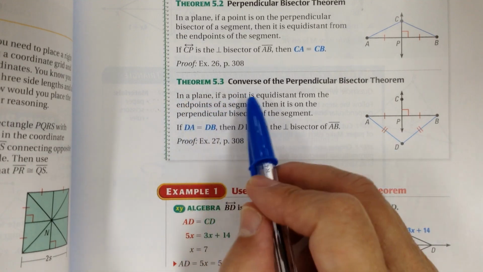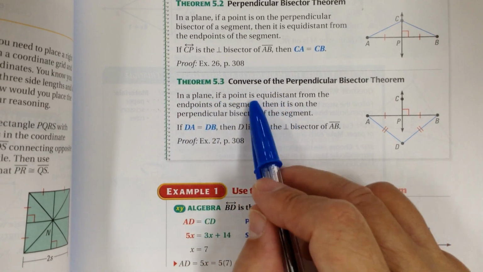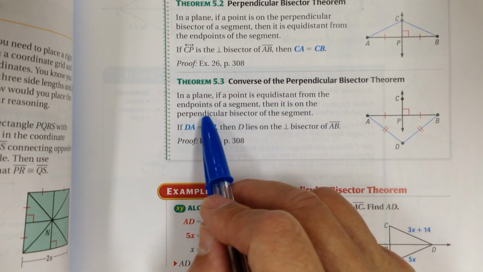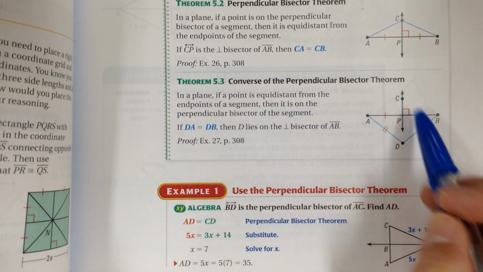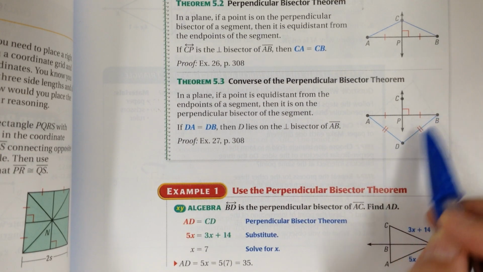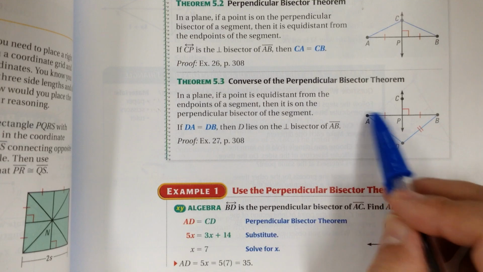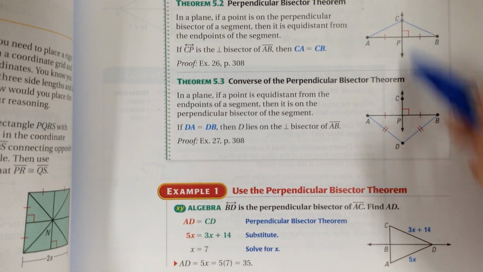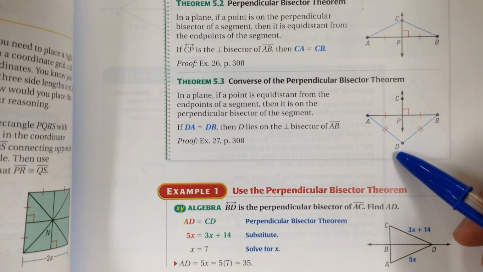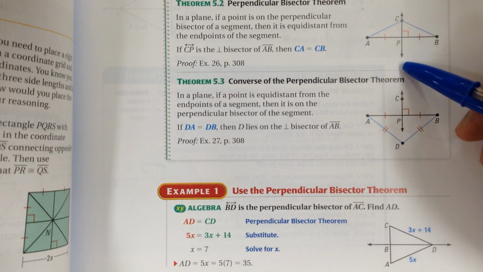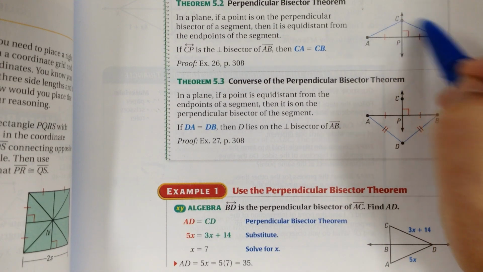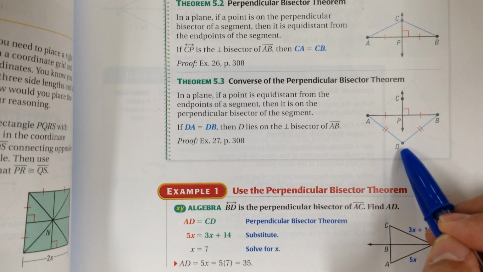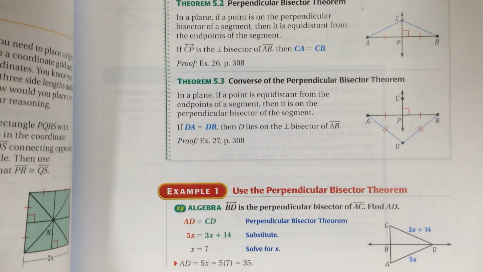So in a plane, if a point is equidistant from the endpoints of a segment, then it is on the perpendicular bisector of the segment. They are the converse of each other. This one: if it's on the perpendicular bisector, then it's equidistant to the endpoints. Over here: if it's equidistant to the endpoints, then it is on the perpendicular bisector.